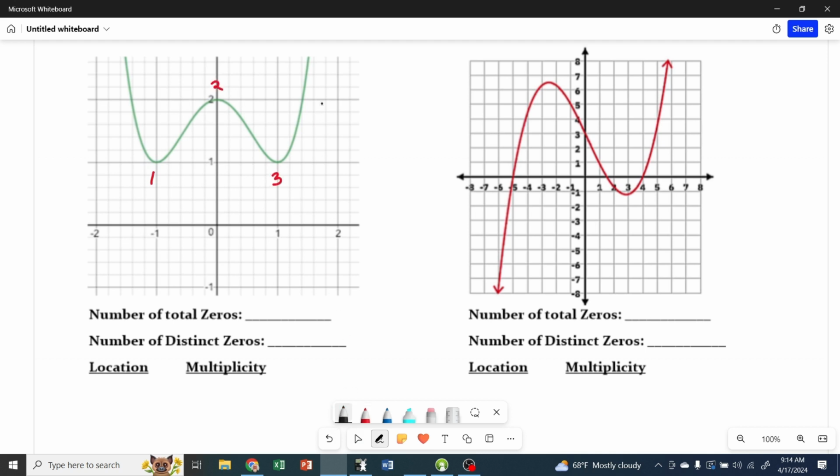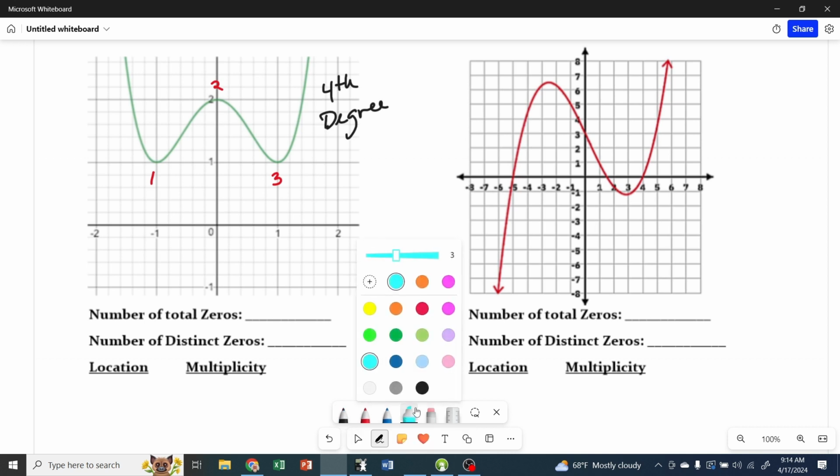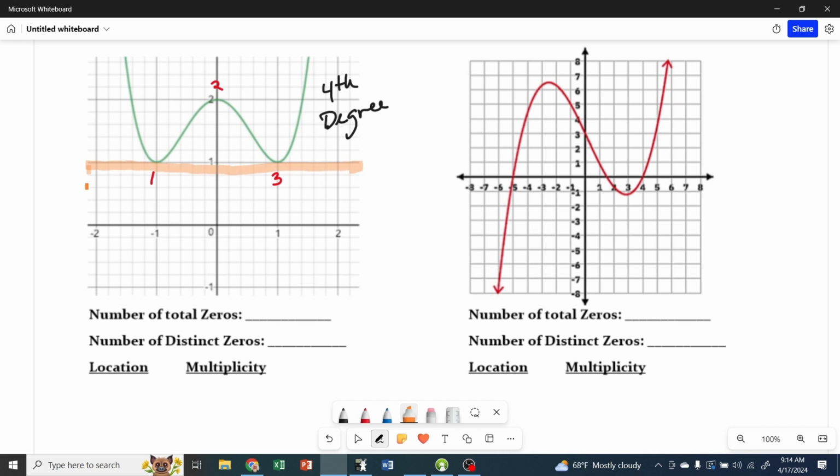So this is a 4th degree polynomial, but it doesn't have any zeros. We never come down and make contact with the x-axis right here, right? We never make contact.